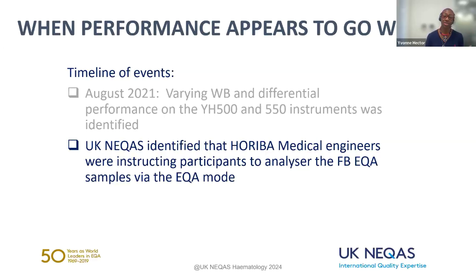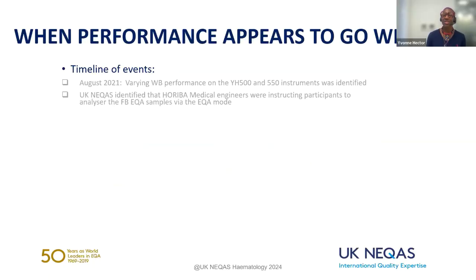So you can see we have a dilemma here, which on the surface appeared to be an easy fix. You get everyone to follow the UK NEQAS instructions. The logic there being that if everyone's doing the same thing, even if it is wrong, it shouldn't affect their performance because everyone is doing the same thing. But this is not what we observed. So in October 2021, we emailed the Yumizen 500 and 550 users to obtain their instrument plots for our survey 2110 FB.